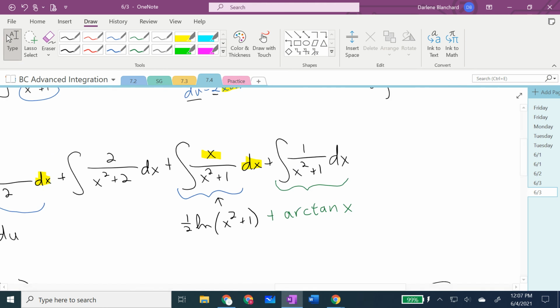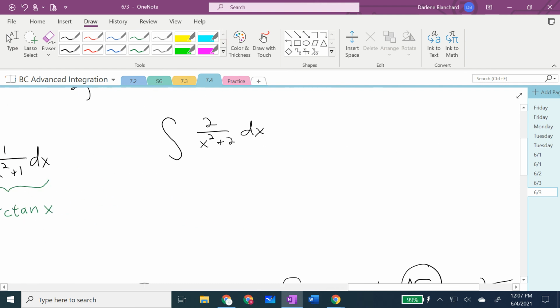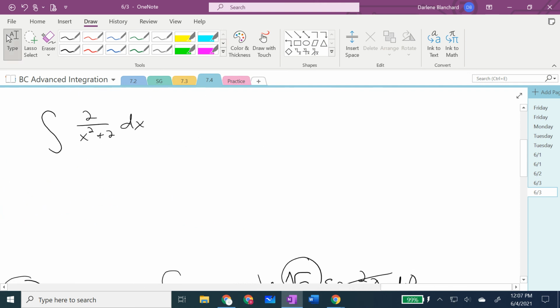And I'm going to bring that integral over to the side. And let's integrate. I need to do a trig substitution. My function being squared is x, my number being squared is root 2, and I am adding, I have a sum of squares.